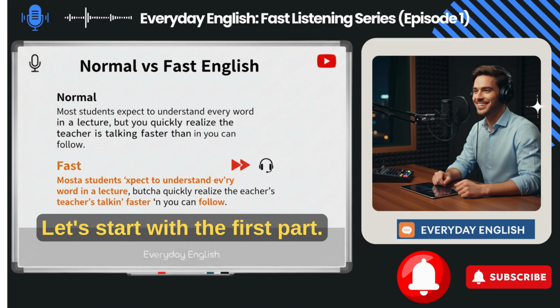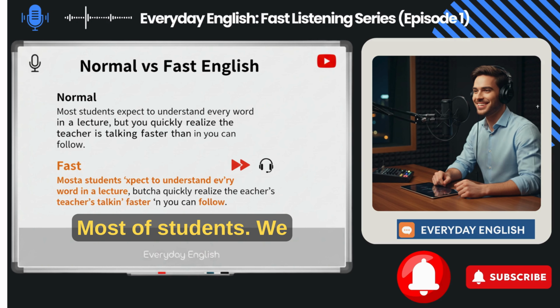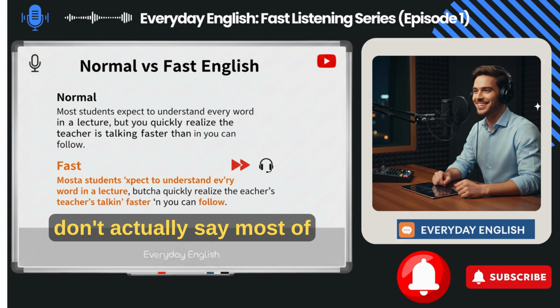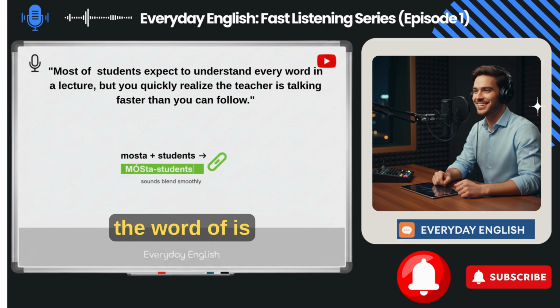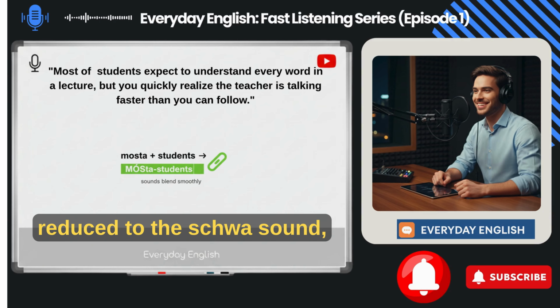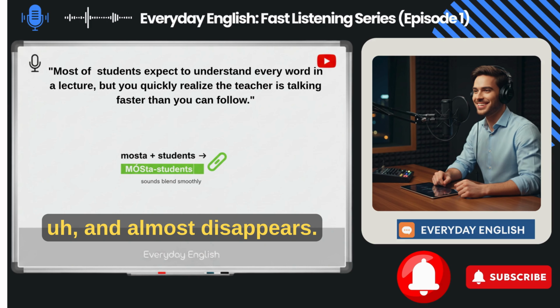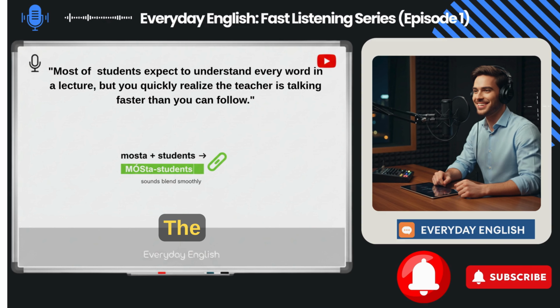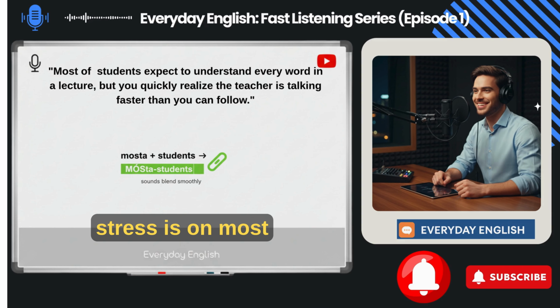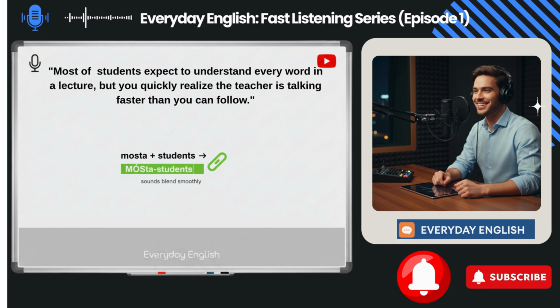Let's start with the first part. Most students. We don't actually say most of students in fast English. The word of is reduced to the schwa sound, and almost disappears, so it becomes mosta. The stress is on most and students.